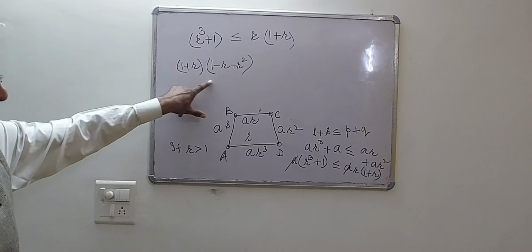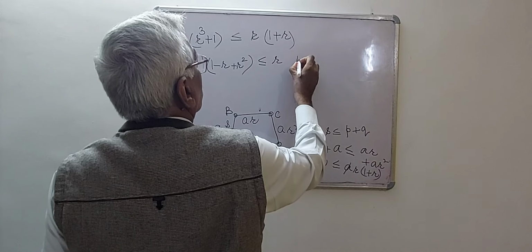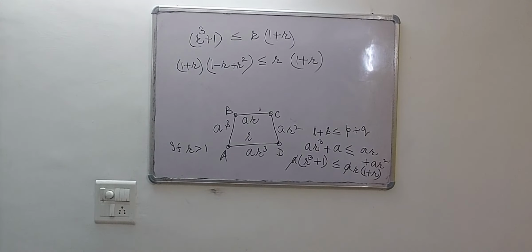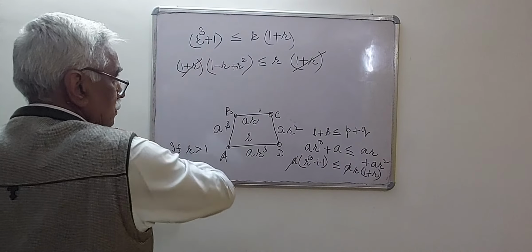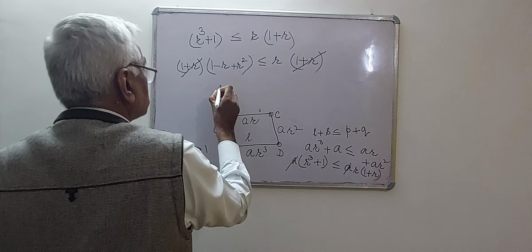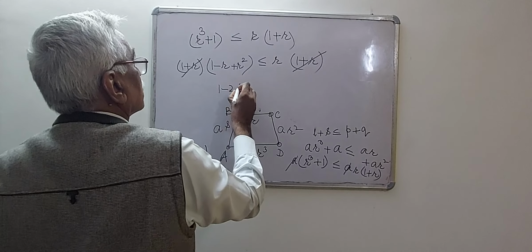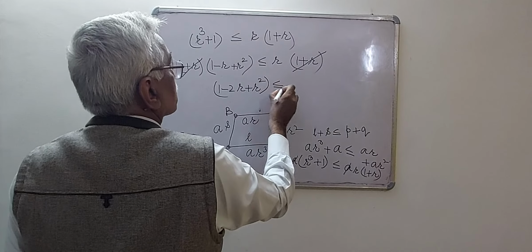It is less than or equal to R (1 plus R). The (1 plus R) will be cancelled, or it can be written as, taking R to this side, 1 minus 2R plus R square less than or equal to 0.